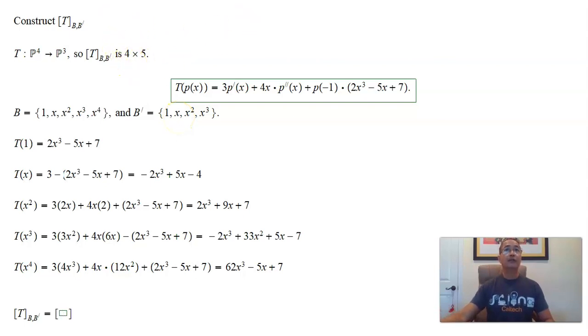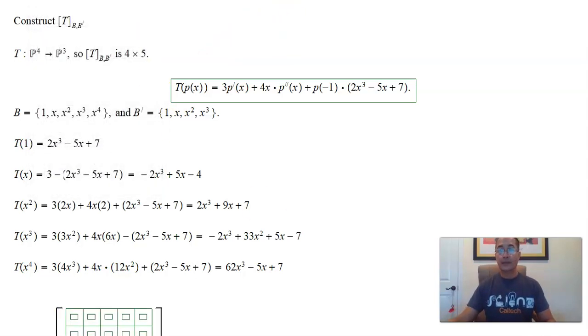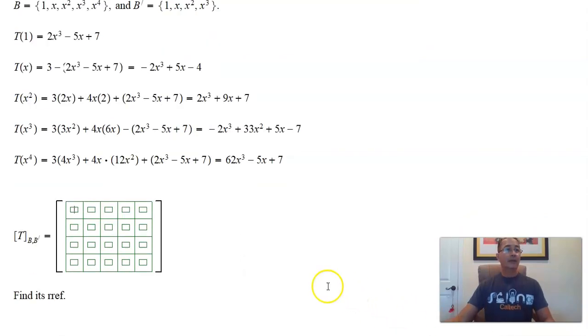So let's insert a 4x5 matrix in here. Okay, there we go. Scoot up so we can see better. So 1 goes into the first column. 1, x, x squared, x cubed.